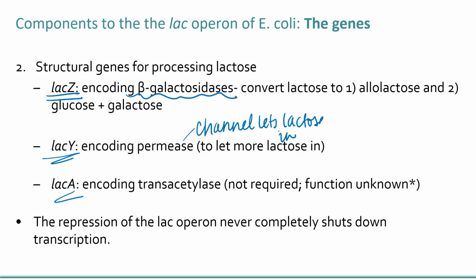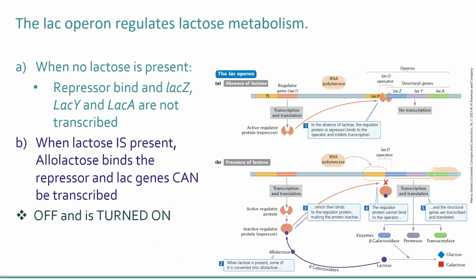As I mentioned a minute ago, that LAC operon never quite fully shuts down, just in case a little bit of lactose is ever present in the cell. So here we've got our whole LAC operon. We have got that promoter region and the regulator region on our gene, followed by our set of structural genes.